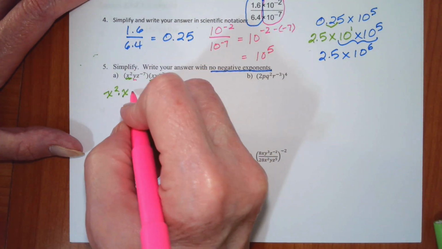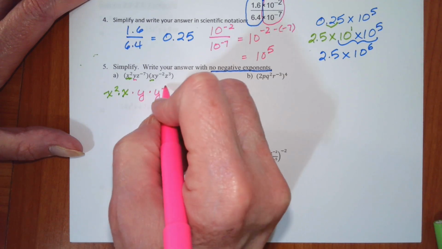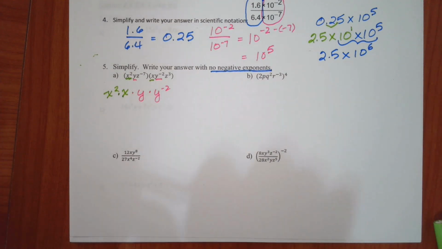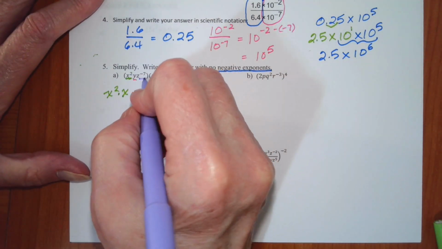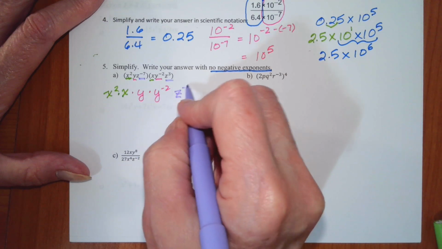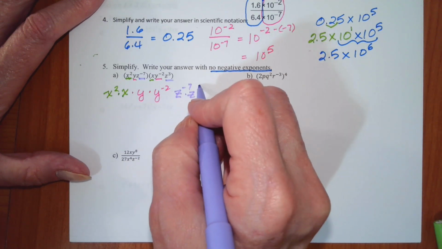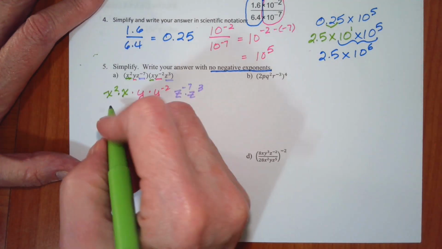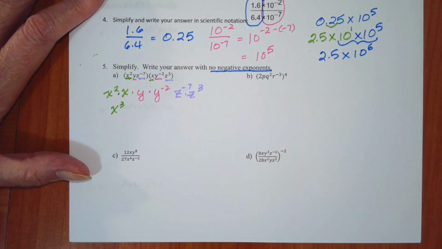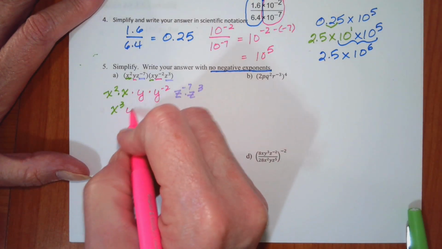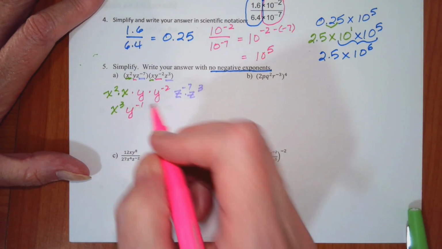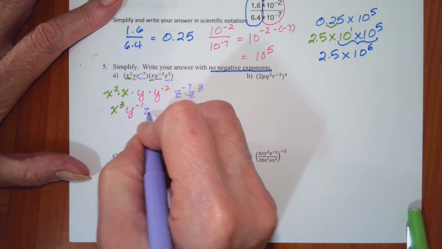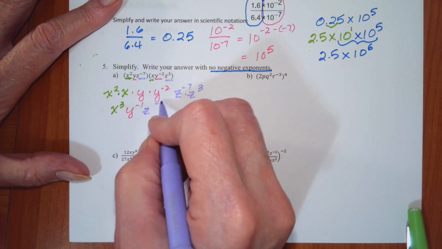For my y's, I have y times y to the negative 2. And for my z, I have z to the negative 7 times z to the third. So this gives me x to the third, y, if I have 1 minus 2, to the negative 1, and z to the negative 7 plus 3 is negative 4.